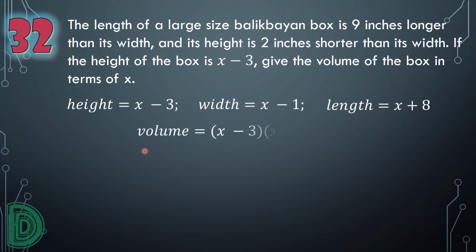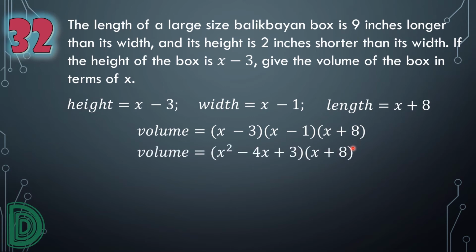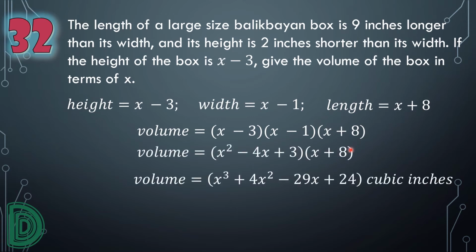To get the volume, that will be the product of the length, height, and the width. So that will be x minus 3 times x minus 1 times x plus 8. Multiplying these three binomials, we will have x cubed plus 4x squared minus 29x plus 24 cubic inches.